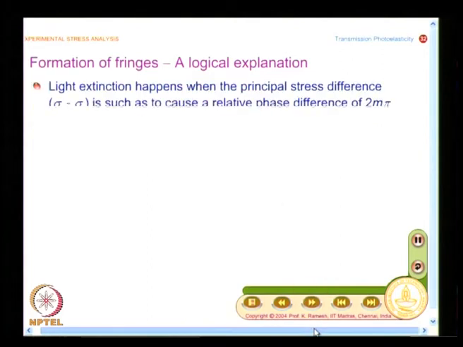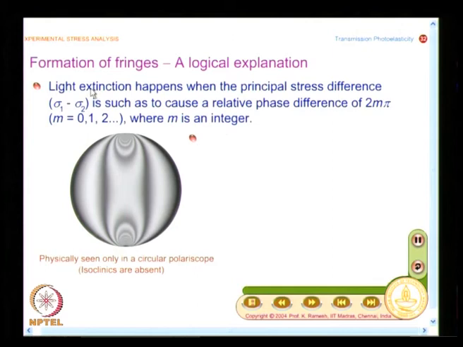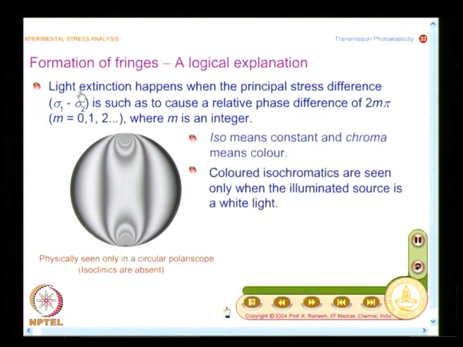So, what I have here is, the first possibility is light extinction happens when the principal stress difference sigma 1 minus sigma 2 is such as to cause a relative phase difference of 2 m pi, where m is 0, 1, 2, etc. And this I have taken from a different optical arrangement, which is called a circular polariscope, for clarity.